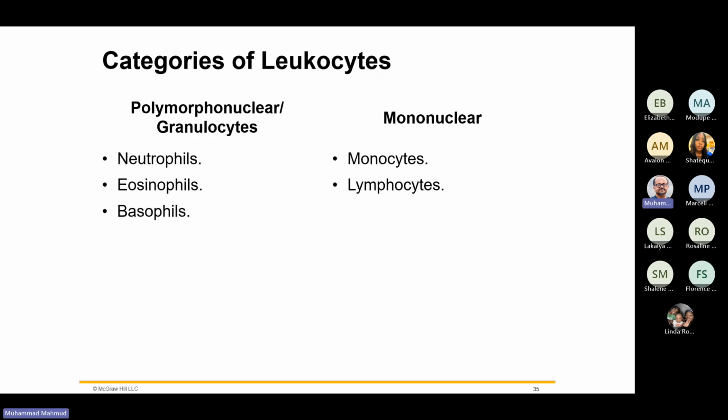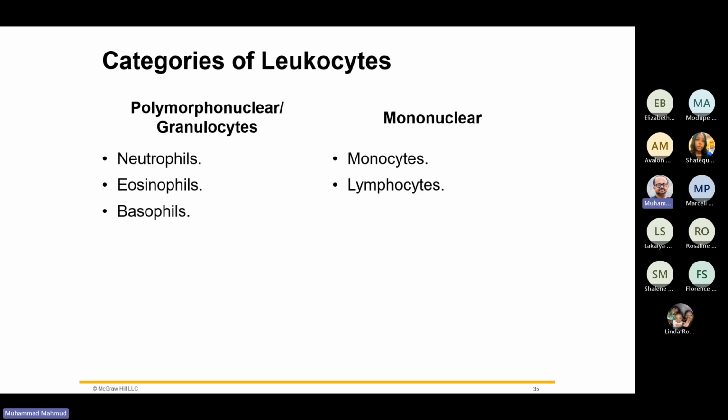Eosinophils, which have a bilobed nucleus, perform phagocytosis and they destroy parasites. Their number increases during allergic reactions and parasitic infection. Basophils release histamine and heparin.